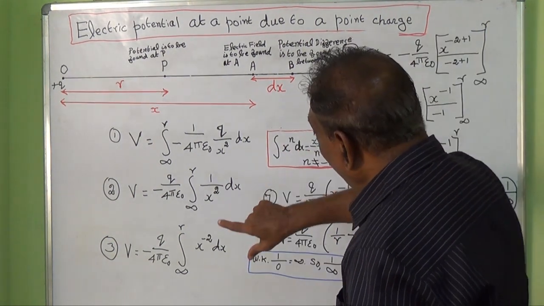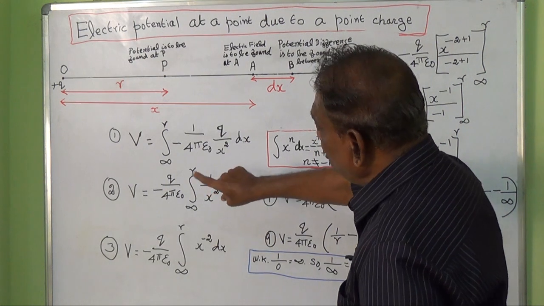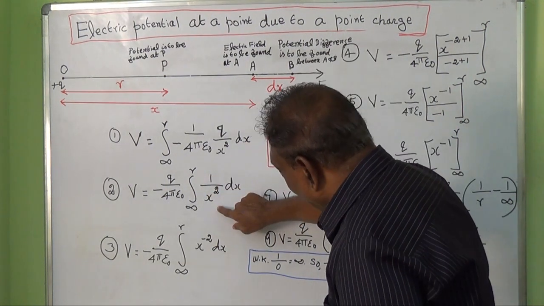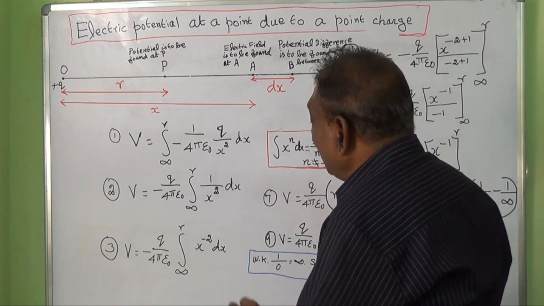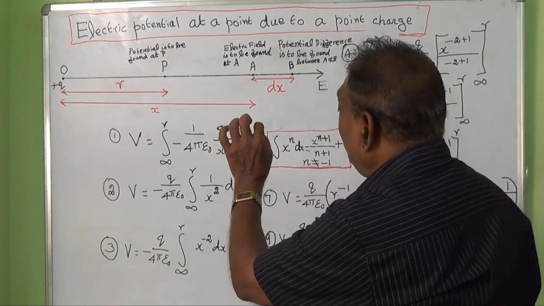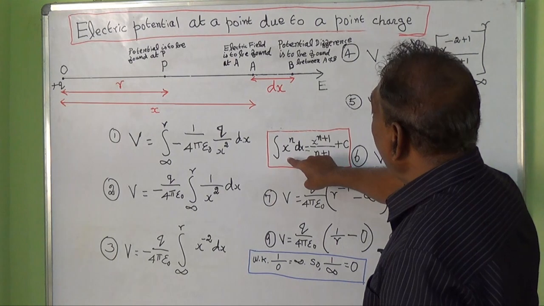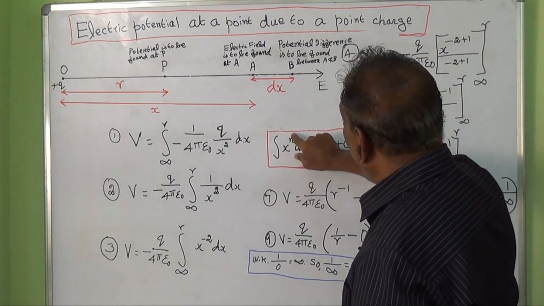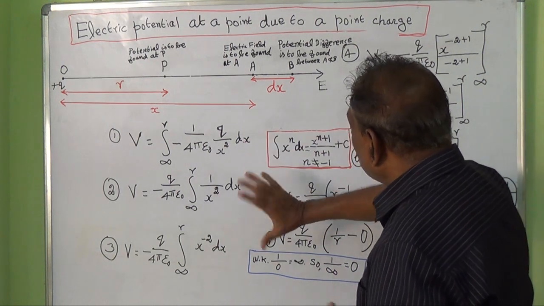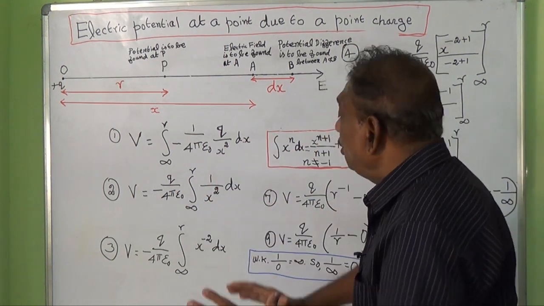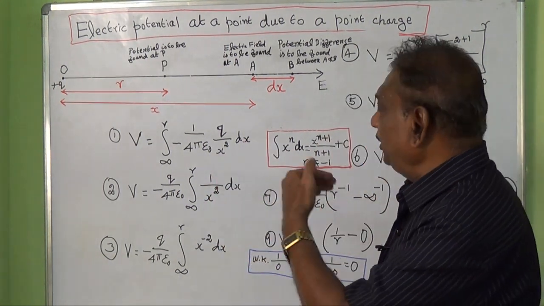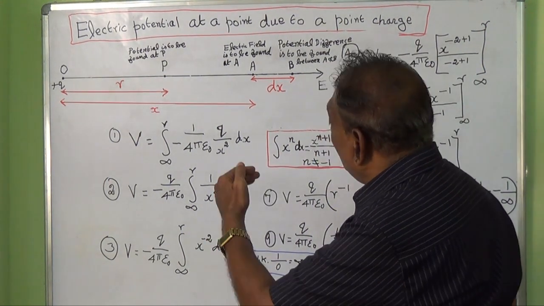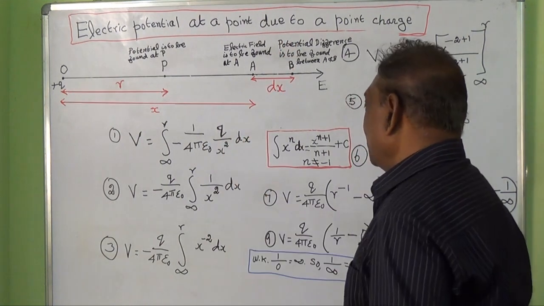Here in our case, on seeing this equation, the variable x with power 2 has been placed in the denominator. In the formula, we have x to the power n, not 1 by x to the power n. So our next duty is to bring the x square to the numerator.